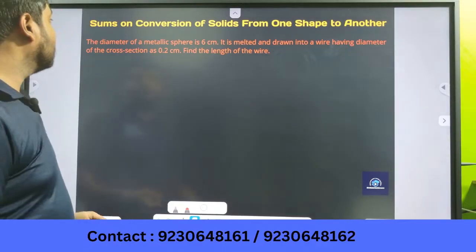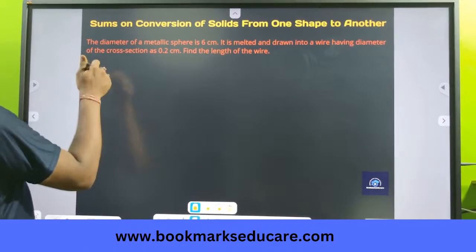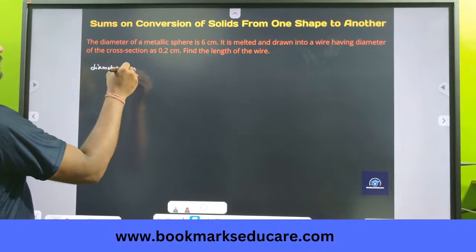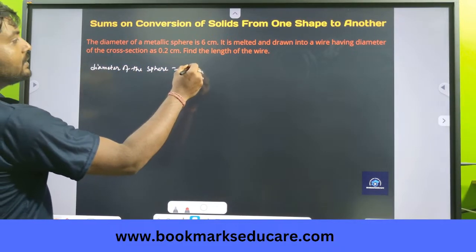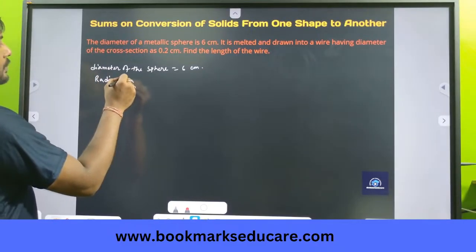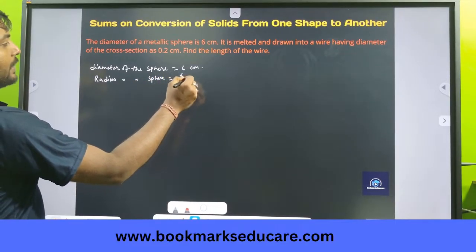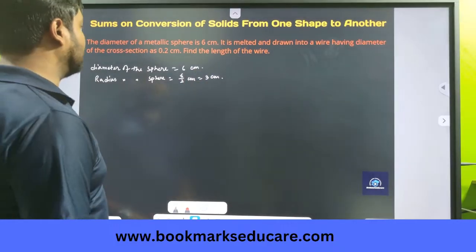So let's carry on. First, the diameter of the sphere is 6 cm. So radius of the sphere equals 6 by 2 cm, that is 3 cm. So this is the radius of the sphere.